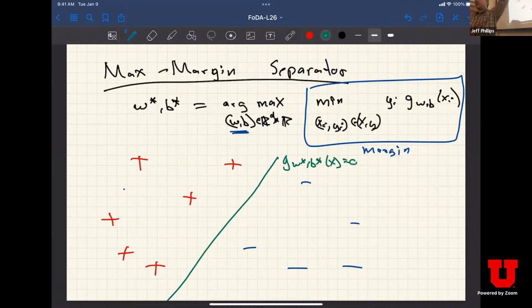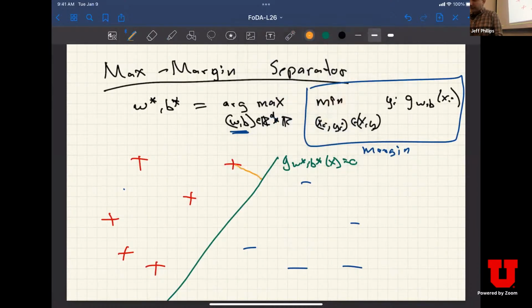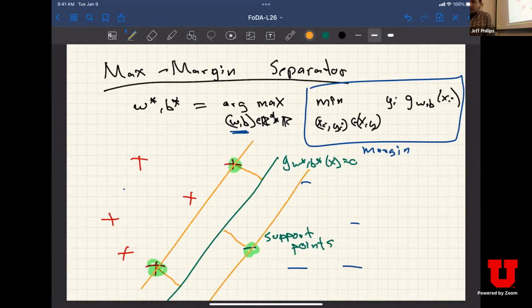That's the separator, the dividing line. And if I compute all of these distances, these 3 are called support points, because these support the margin. And I could draw this line through here.